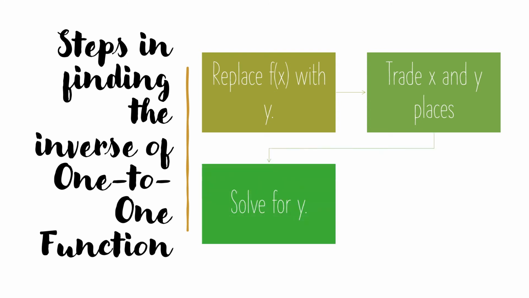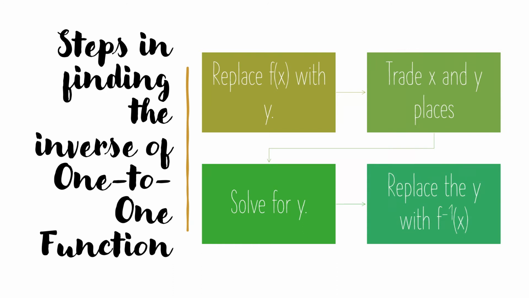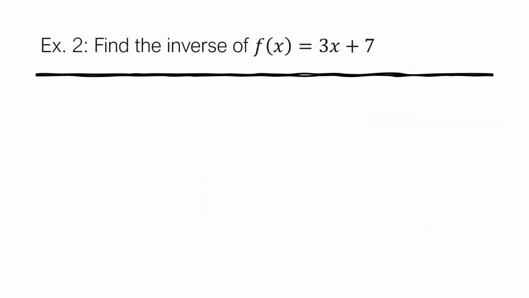The next step is to solve for y. And then, if we already have the value of y, or the algebraic expression of y, then we could now replace y with f of negative 1 of x. So let's have as an example, find the inverse of f of x equals 3x plus 7.